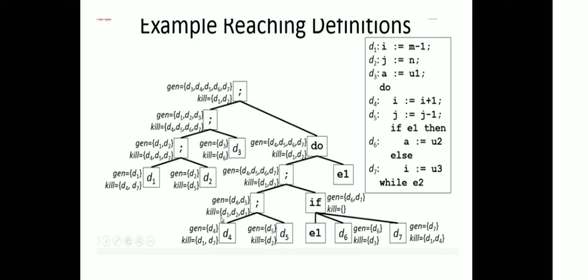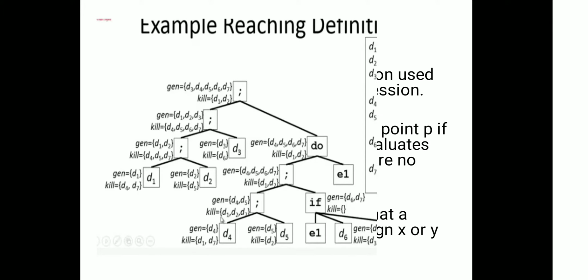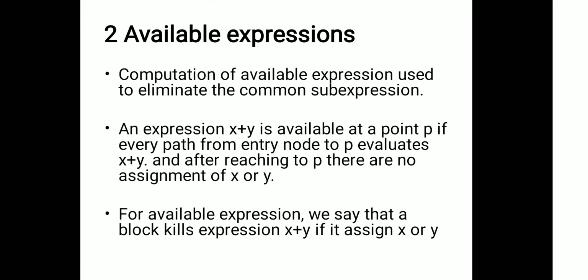So understand this example of reaching definition. This is about the reaching definition, which is basically used to understand data flow analysis: how your data is going to flow at a particular point.